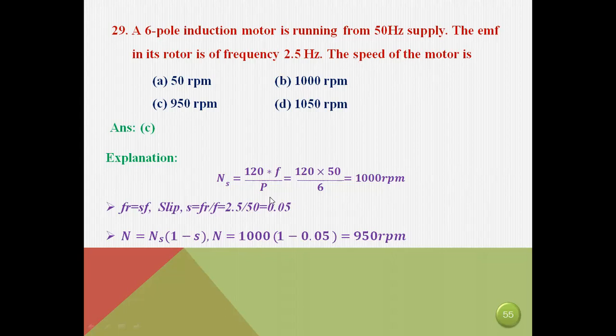You are supposed to solve for N. We have S equal to Ns minus N upon Ns. Rearranging that equation, you can write N equal to Ns into 1 minus S. So N equals 1000 into 1 minus 0.05, and you will get 950 RPM. There is a C option where we get 950, so you can take that as the answer.